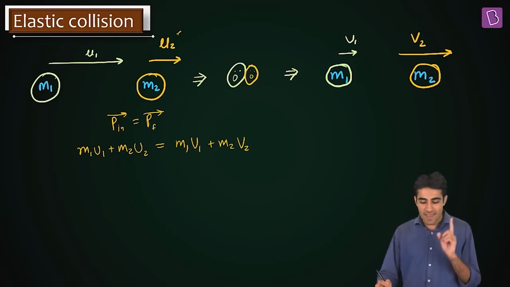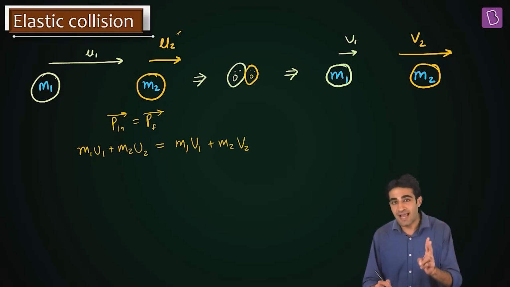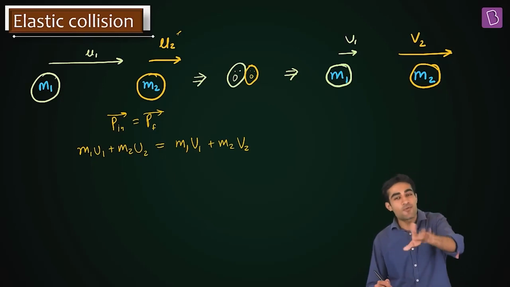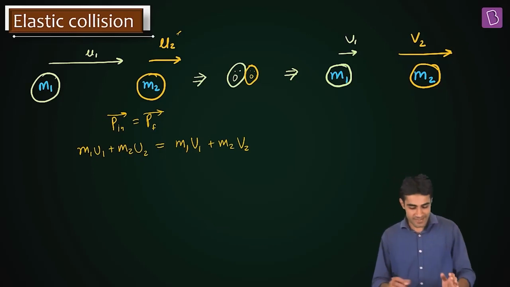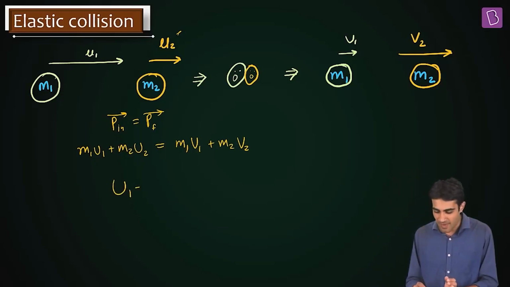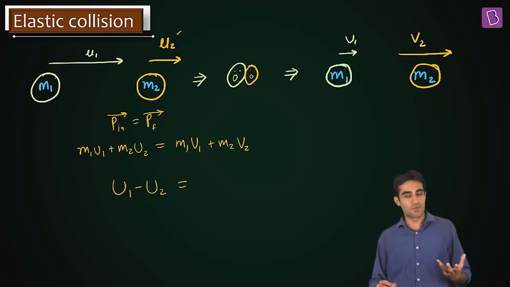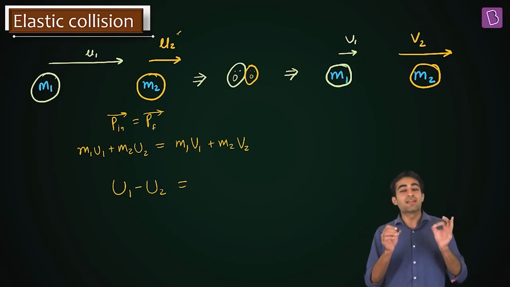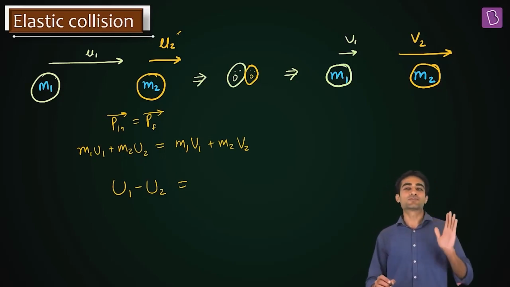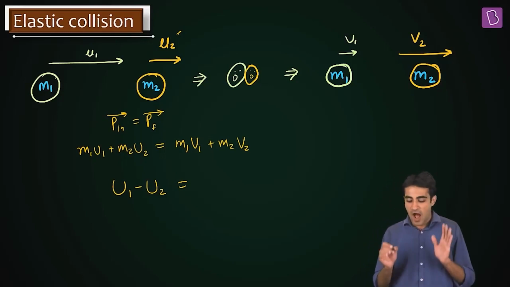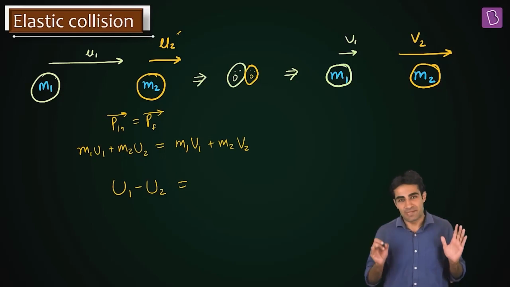So, mass m1 is approaching m2. Can you see that? So, what is the speed of approach? The relative speed. You will say relative speed is u1 minus u2. u1 is greater than u2. So, we can see u1 minus u2 is the speed of approach. Now, after the collision, the two masses separate.